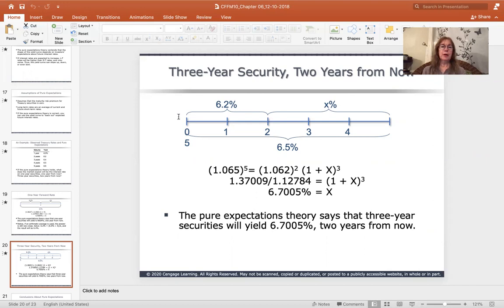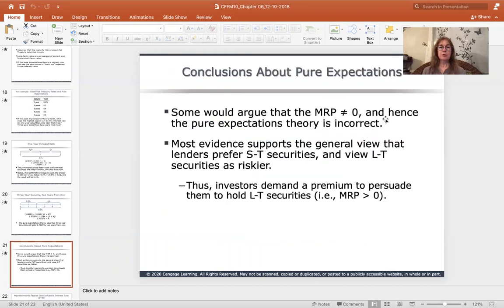So they'll say, okay, if we know what a 2-year bond pays, and if we know what a 5-year bond pays, say a 2-year bond is paying 6.2% and a 5-year bond is paying 6.5%, we can use those two numbers to figure out what a bond would pay from year 2 to year 5. That's what pure expectations theory is.